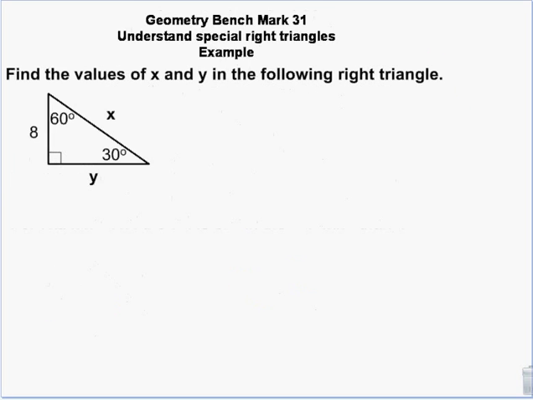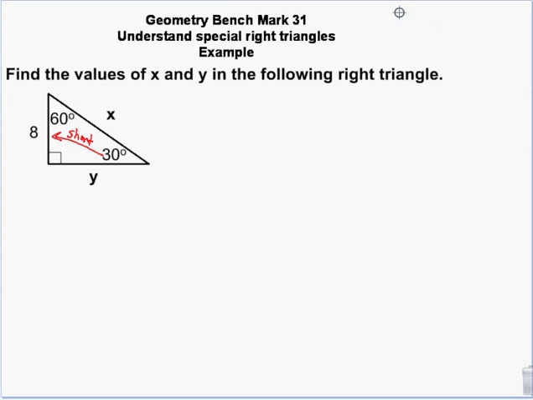Okay. Now here, I have a 30, 60, 90, and sometimes when you're looking at the picture, it might be kind of hard to tell which is the short leg. The short leg is always across from the 30. Okay? And then the hypotenuse is always across from the right angle.